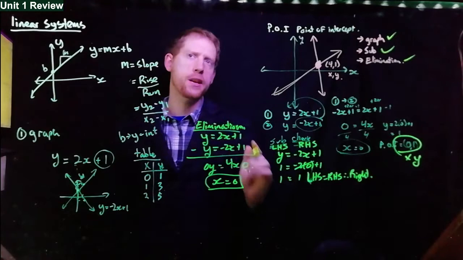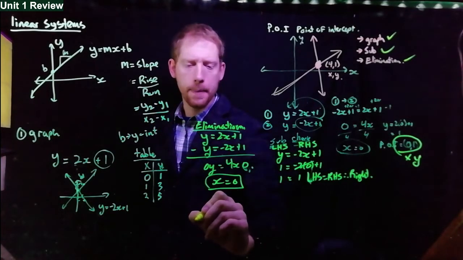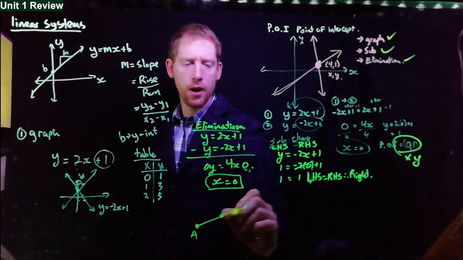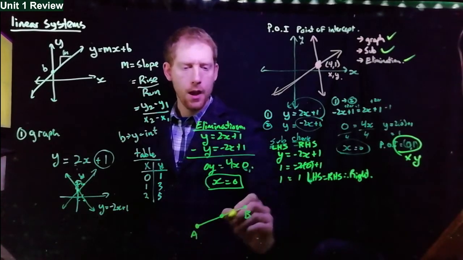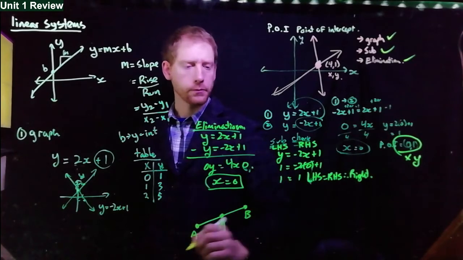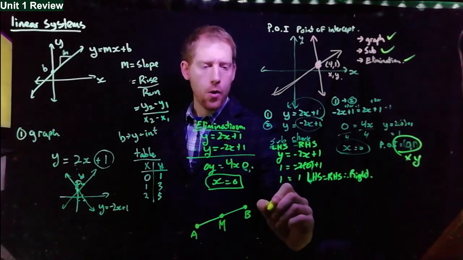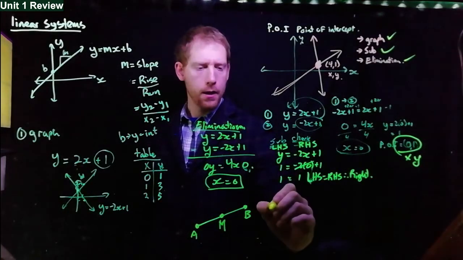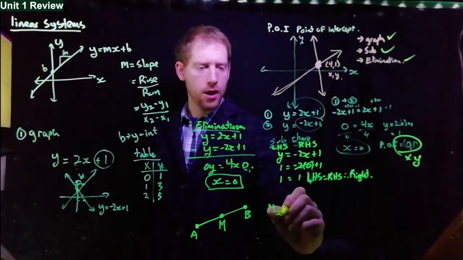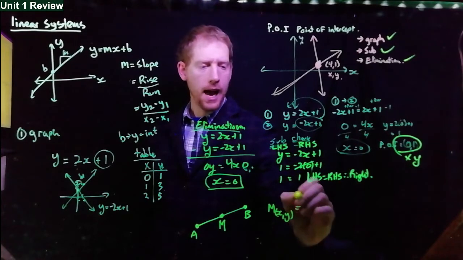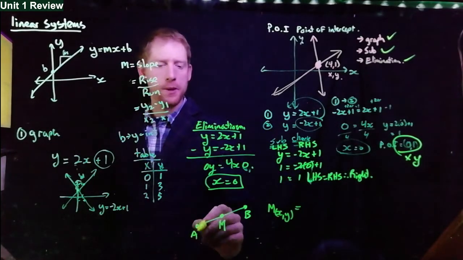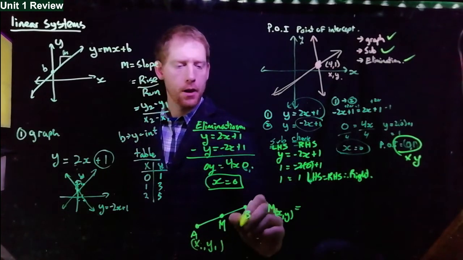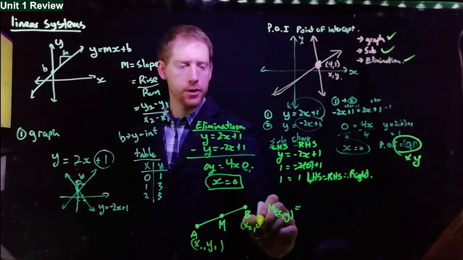The other thing that we studied in this unit was to find out the length of a line and the midpoint. If I have two points, A and B right here, and I want to find the midpoint, you can find the midpoint (x, y) by taking the average of the x's. This is going to have x1, y1, and this is going to be x2, y2.